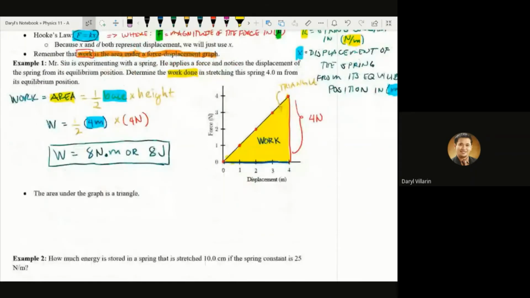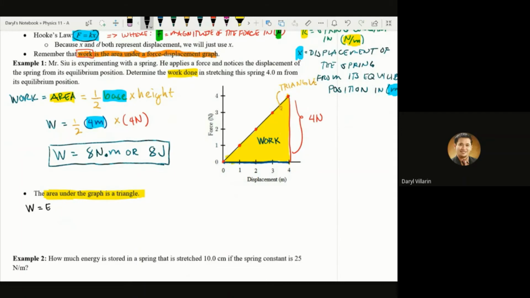So again, we observe that the area under the graph is a triangle. So let's try to get the expression for the elastic potential energy. Okay. So remember that we can also write the work in terms of energy. It's just E. Okay.